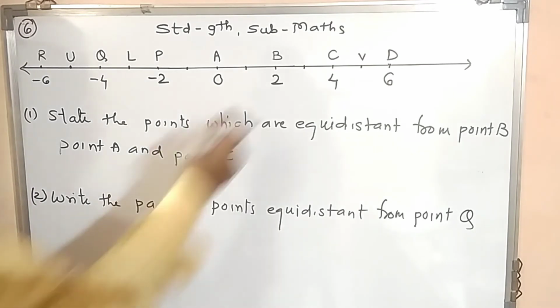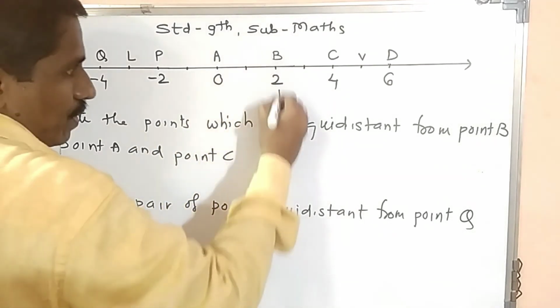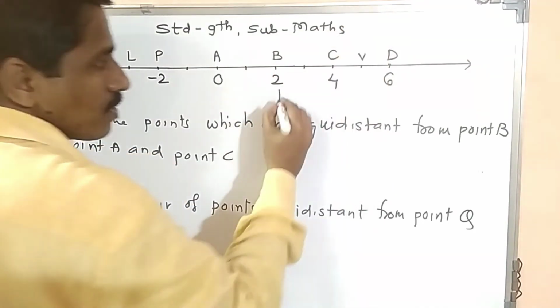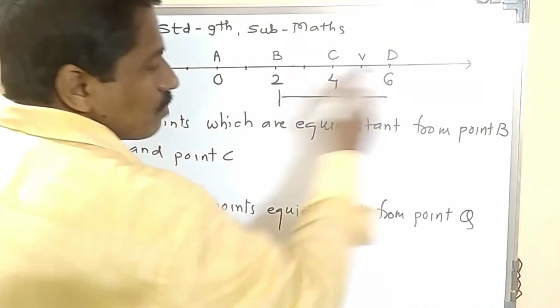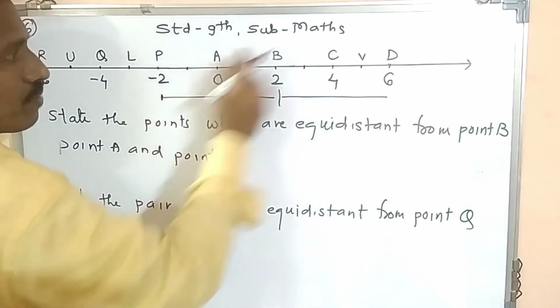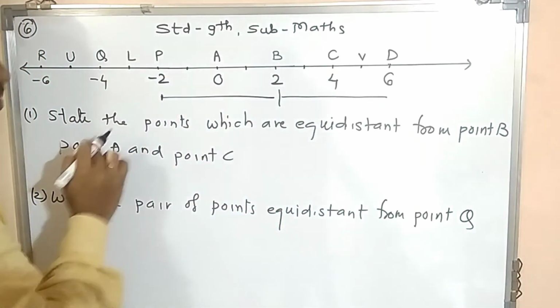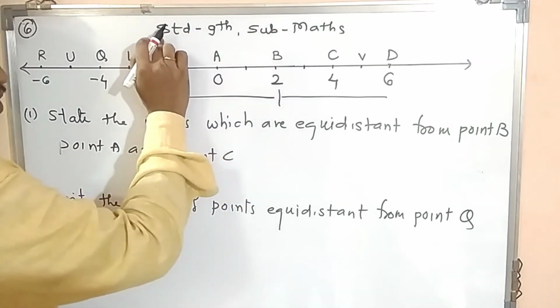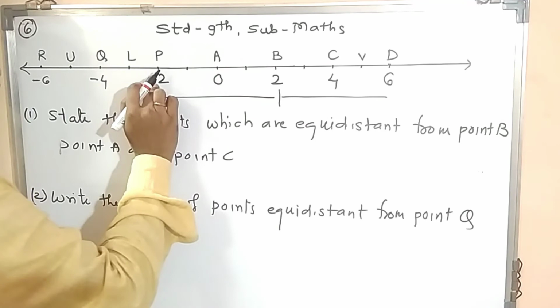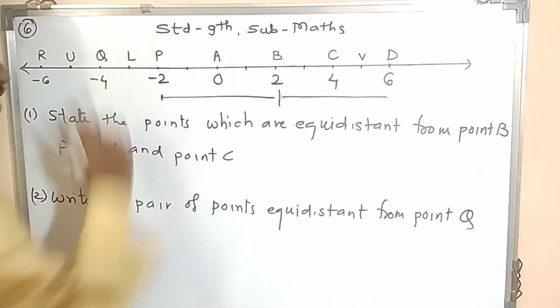Again, if I consider this point B, see the distance between point B and D. The distance between B and D is how much? 6 minus 2, it is 4. Again, the distance between B and P: it is 2 minus (-2), it is 4.